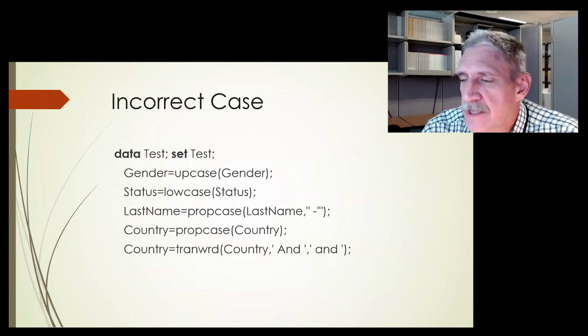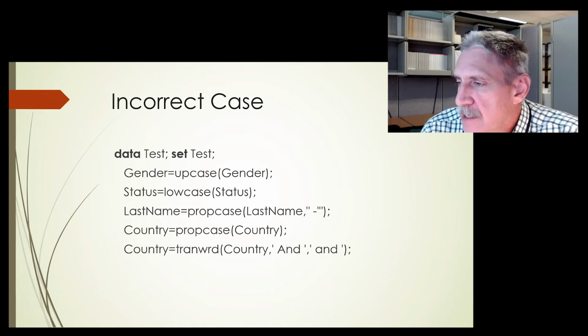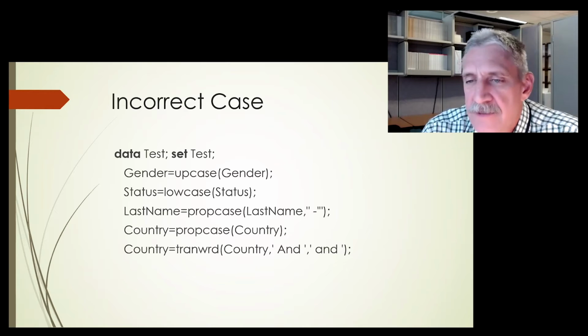So to correct the cases, uppercase and lowercase is the basic ones. Prop case will capitalize the first word, the first letter of each word. In mine, I've told it to do it after a space, a dash, or an apostrophe.